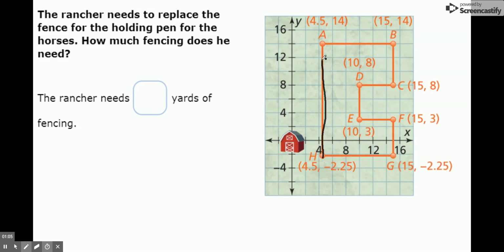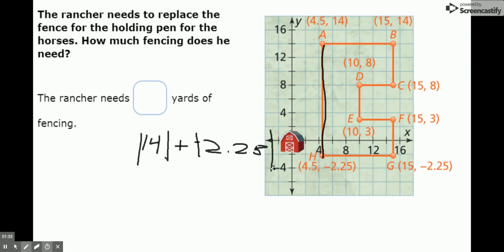So this line here, A to H, we can see that our x coordinates are the same, 4.5. So we look at the y, positive 14 and negative 2.25. When they have different signs, we add the absolute values. So we do the absolute value of 14 plus the absolute value of negative 2.25.